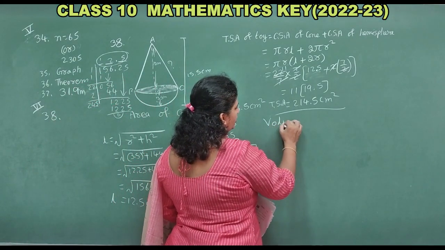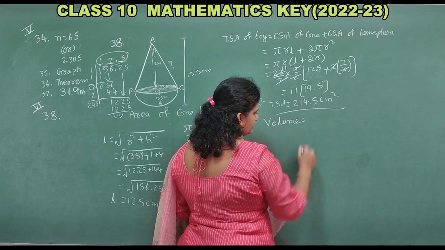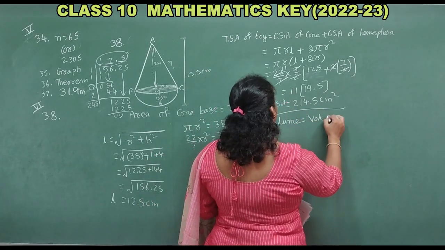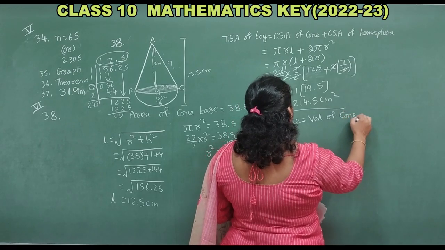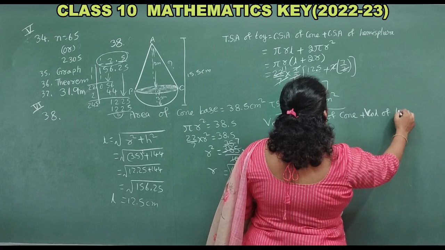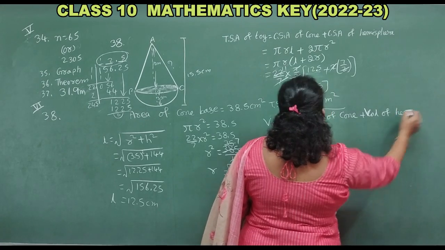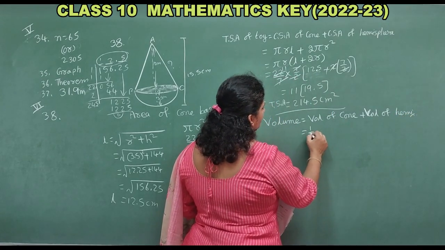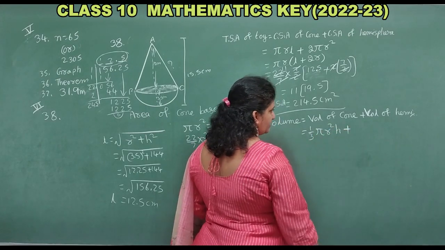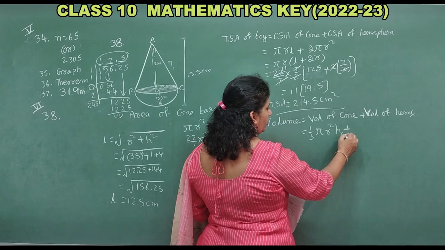Now the volume of the toy. Volume is equal to, what are the two solids you can see there? Volume of a cone plus volume of a hemisphere. Volume of a cone formula is 1 by 3 pi r square h, where h is the height of the cone, okay?